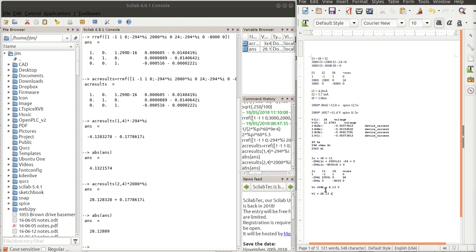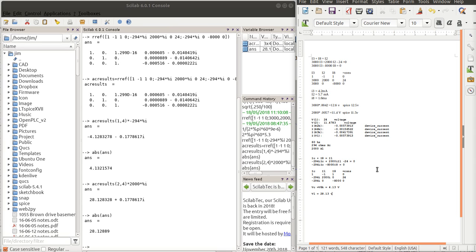And so this is how you would approach AC analysis by hand, just like the DC analysis, but you've got those complex numbers, and now you've got a complex matrix to solve. And I don't think the TI-84 can solve a matrix with complex numbers in it, or imaginary numbers in it. And so you have to go to something like Scilab.